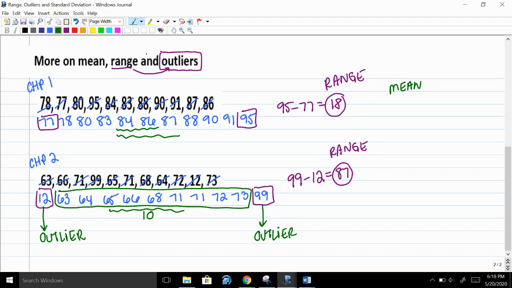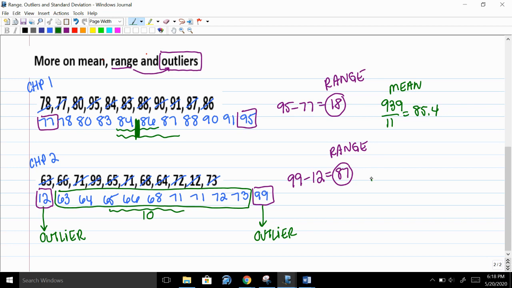For that first set of data, if I added up all those numbers, and I did this ahead of time, so don't think I'm doing this in my head, it's 939. You would divide that by 11 for an average of 85.4, which fits right smack in the middle.